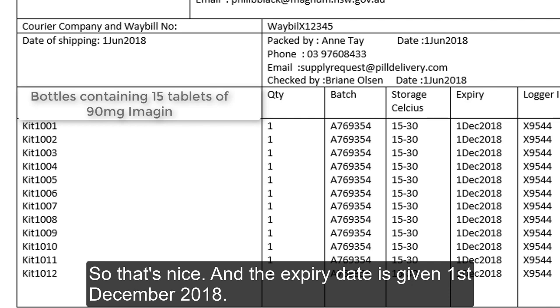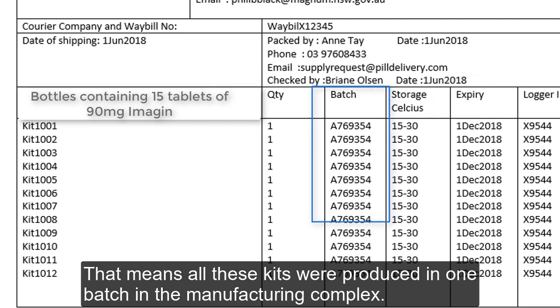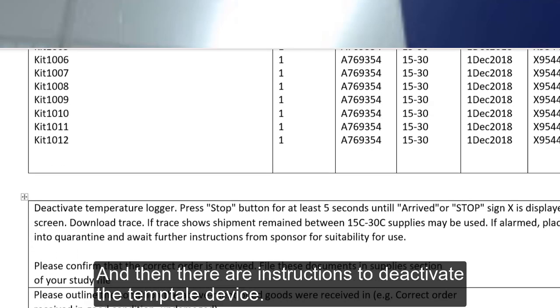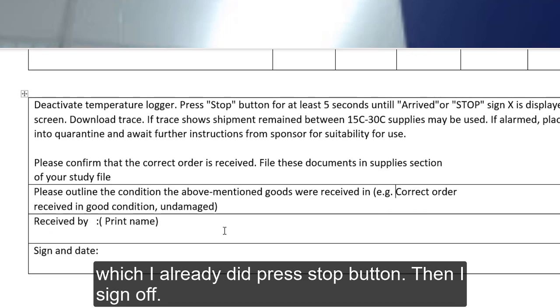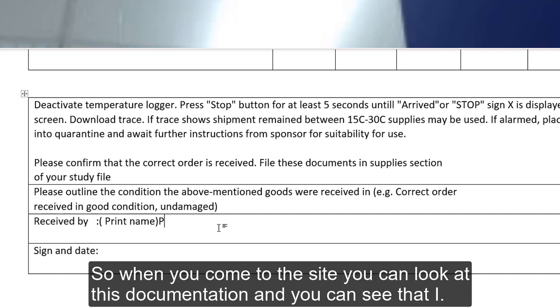That's nice. The expiry date is given, 1st December 2018, and the batch number. The batch number is the same for all the kits, which means all these kits were produced in one batch in the manufacturing complex. Then there are instructions for the temperature: deactivate the temperature logger, which I already did, press the stop button. Then I sign off, Philip Black, and I received it on 15 June 18.